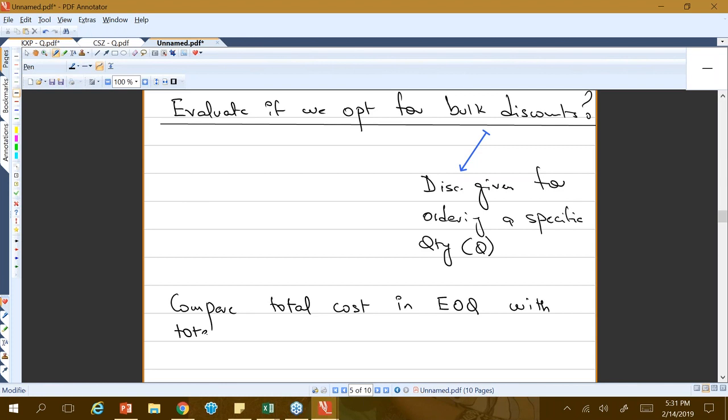So the quantity under the EOQ and the quantity under the bulk discounts. And we are going to work their total cost out. So total cost in EOQ quantity and total cost in bulk discounts quantity. Now, this is the situation we have on hand to do the inventory bits.